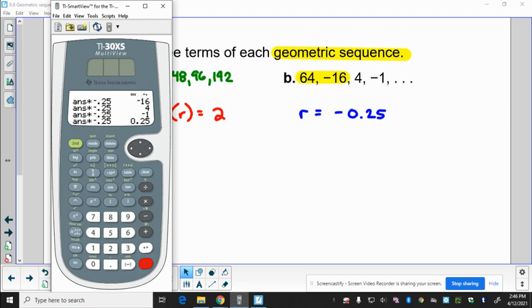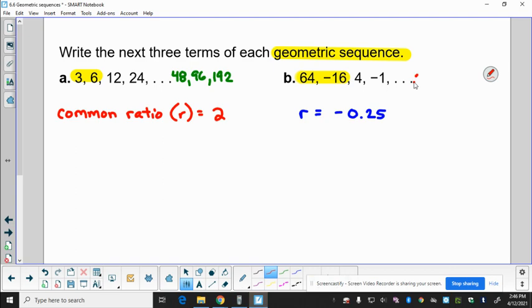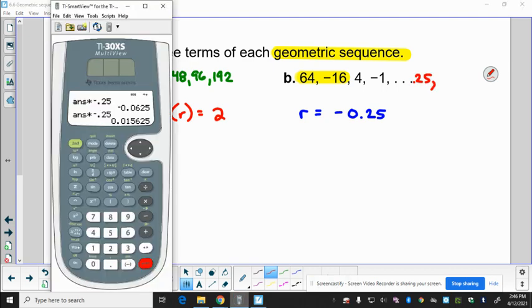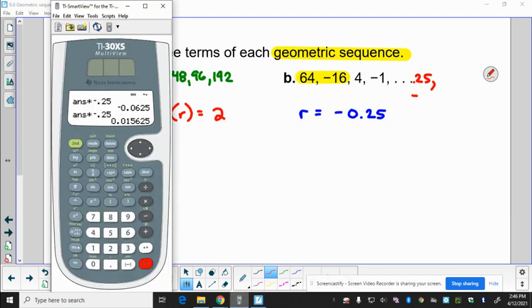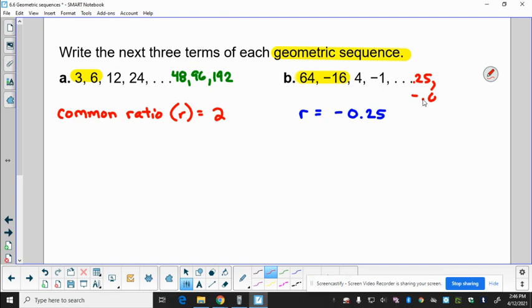Next three are going to be 0.25, negative 0.0625, and so on.